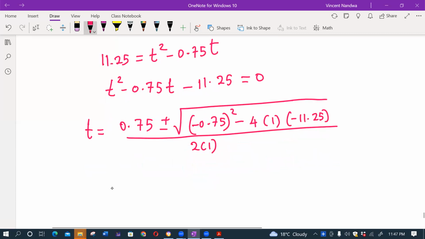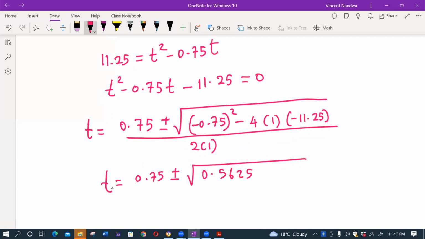So we have t equals 0.75 plus or minus the square root of minus 0.75 squared, which gives 0.5625, minus 4 times minus 11.25, which gives us a positive value of 45.